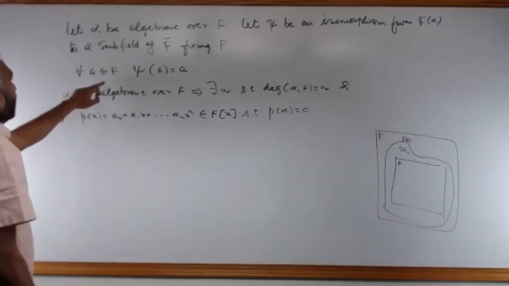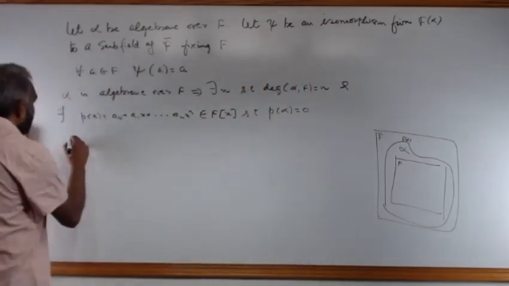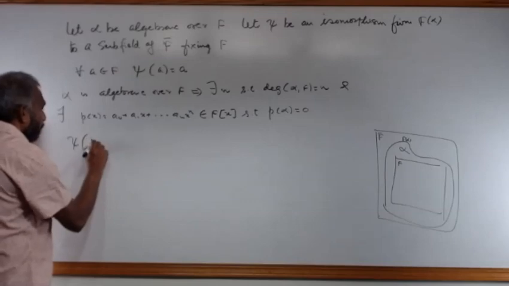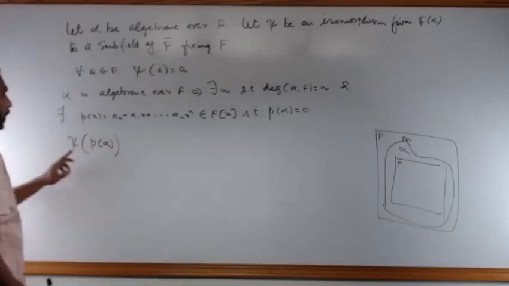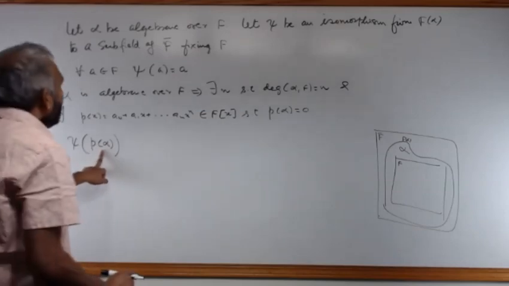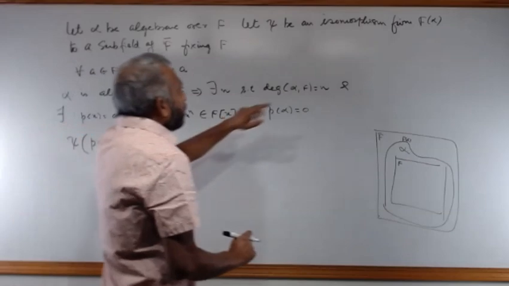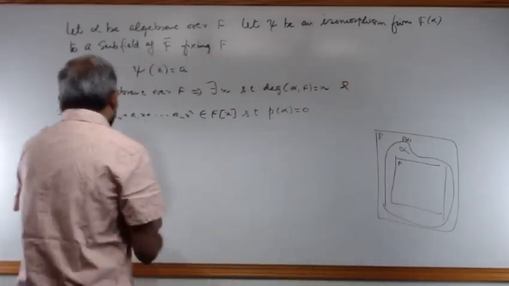But psi is an isomorphism. So let us compute psi of P of alpha. See, this P of alpha is definitely in F of alpha. Actually, this is 0.